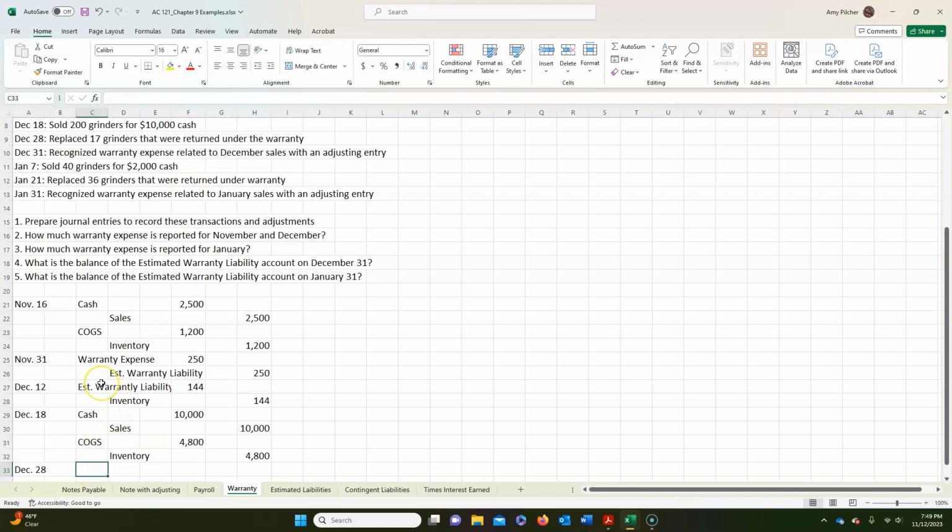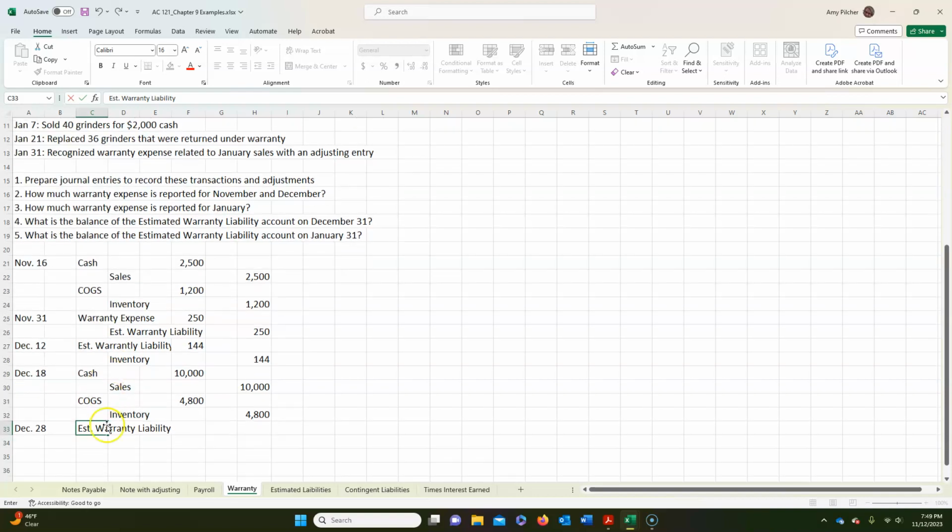Okay, so we have this estimated warranty liability and inventory, and this is for 17 grinders. So 17 times 24 is 408. We're going to do a debit and a credit.